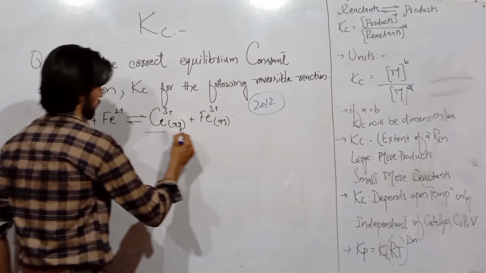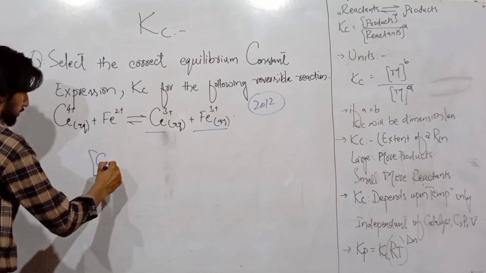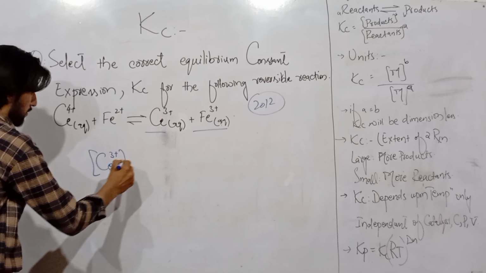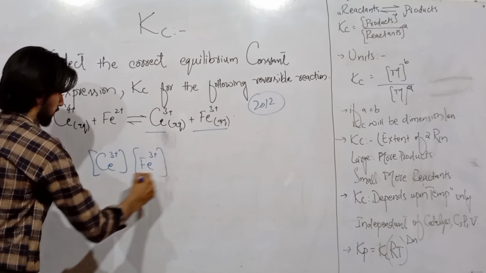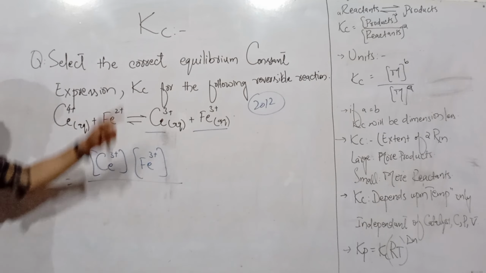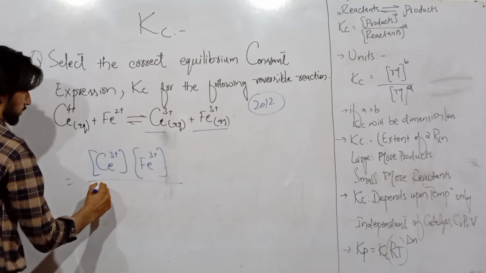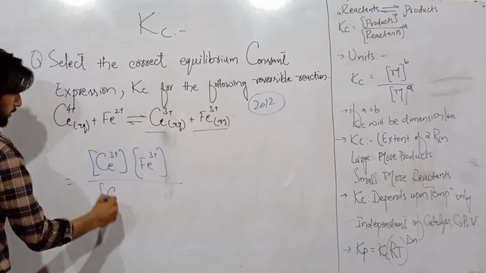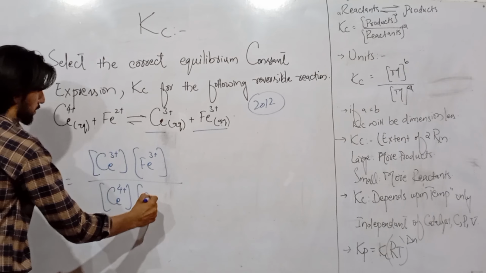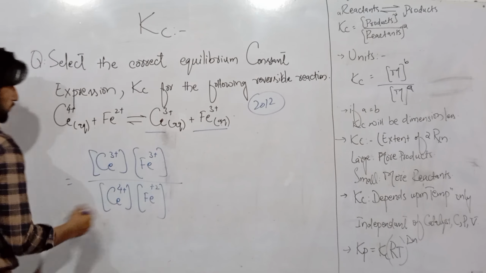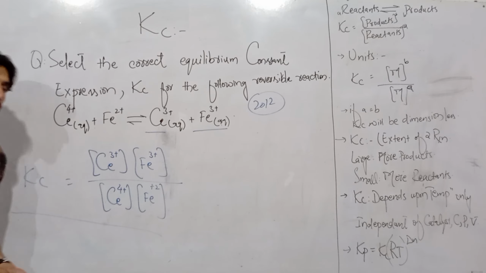We will put the concentration of the products in the numerator, that is cerium plus 3 and iron plus 3, to their power. The coefficients are 1, 1, so we do not write 1, and in the denominator cerium plus 4 and iron plus 2. So this is our Kc expression for the reaction.